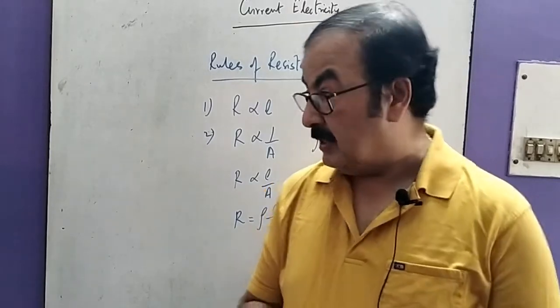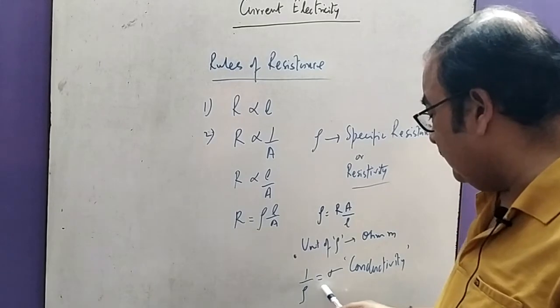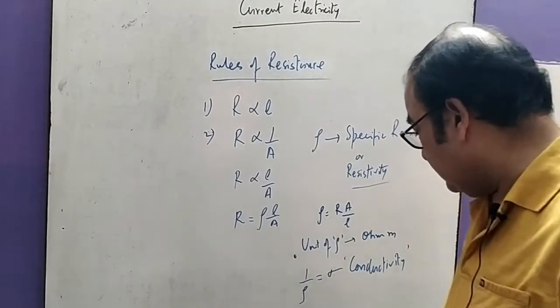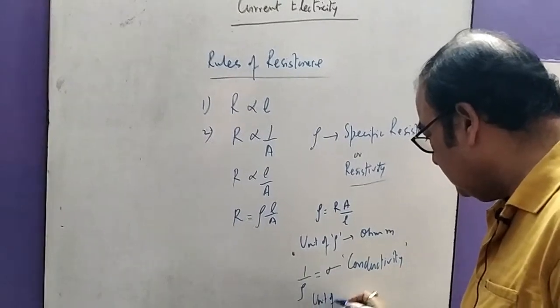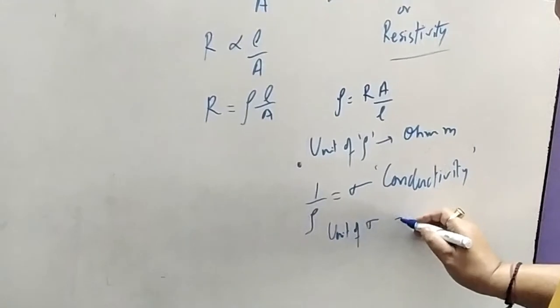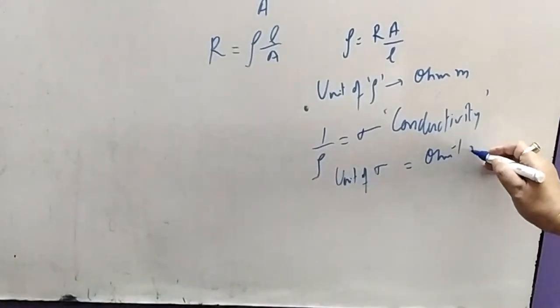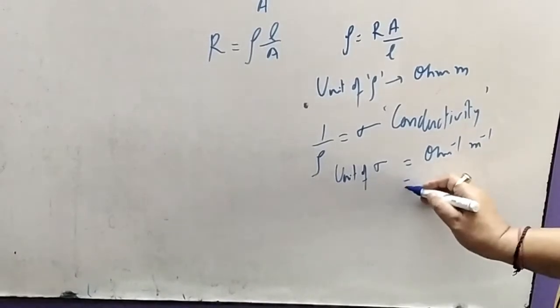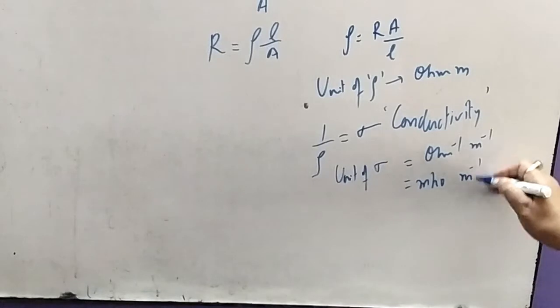Now, second thing, what is the unit of conductivity? Its unit is ohm minus 1 meter minus 1. This is also known as mho per meter, or mho m minus 1.